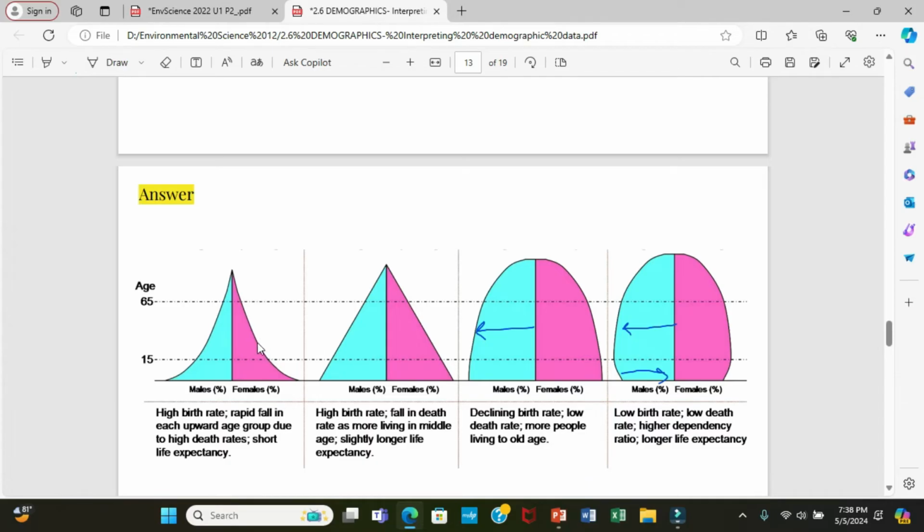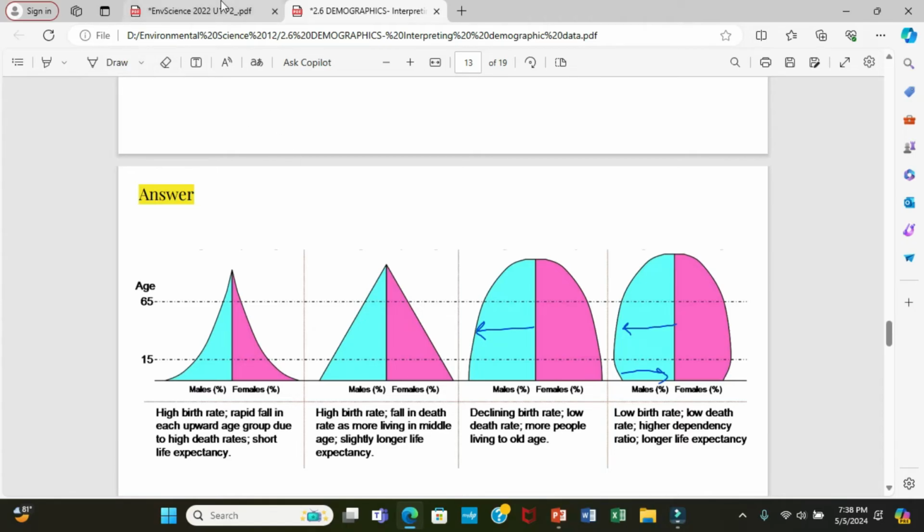So the population size was wide here, and then it gets narrow very fast. So it shows that death is fast. This one, the population size is here, but it doesn't get narrow very fast. It's slowly moving in, so death rate is slow.